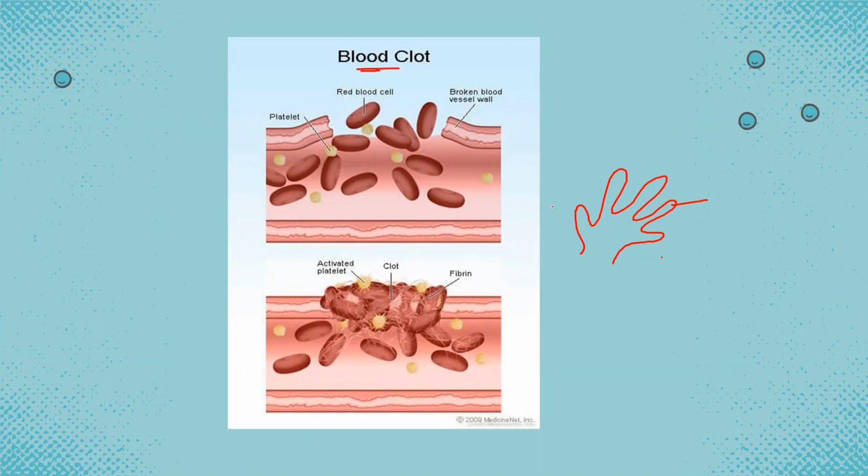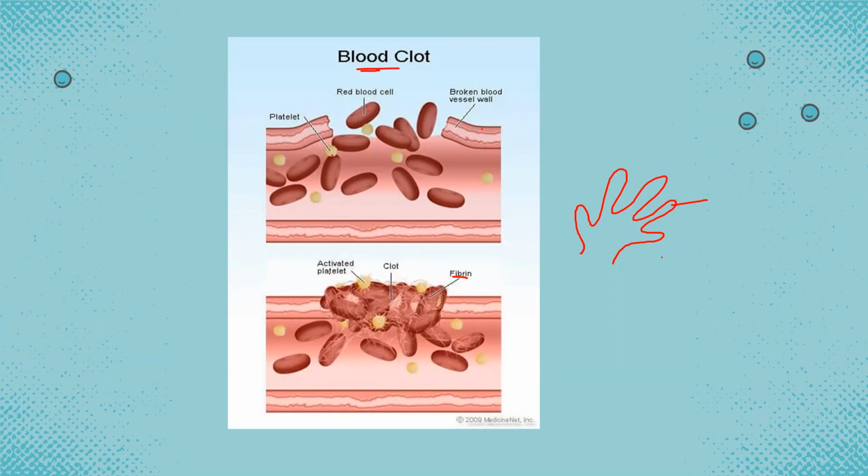So see, this is the broken wall, the broken blood wall, meaning the injury, and then the blood comes out. These are the red blood cells, these are the platelets. And sometimes what happens is this is known as a clot.